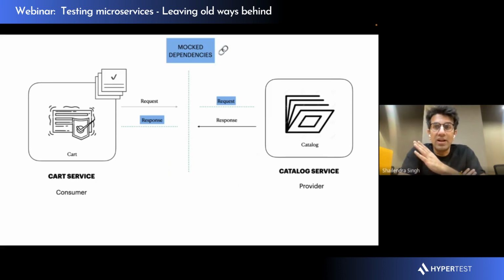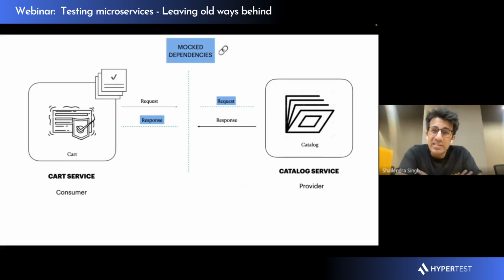Which means that when the cart service talks to the catalog service, the cart service can depend reliably that the response it is getting back from the catalog service is the right response. And when the catalog service is sending back that response, it knows what is the request that the response needs to be sent back with.